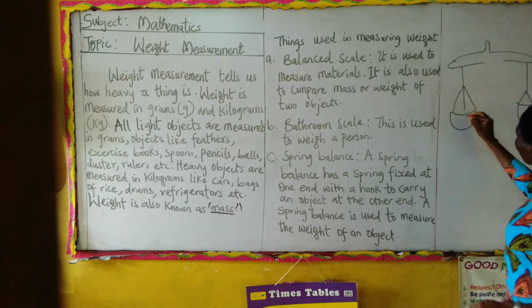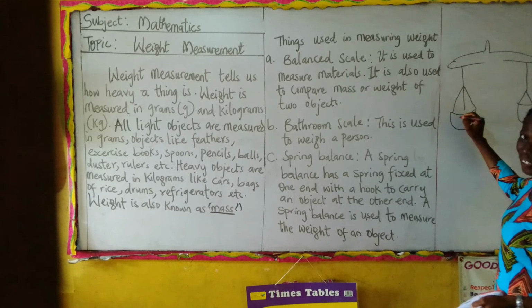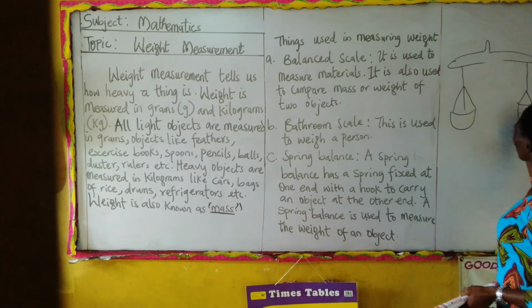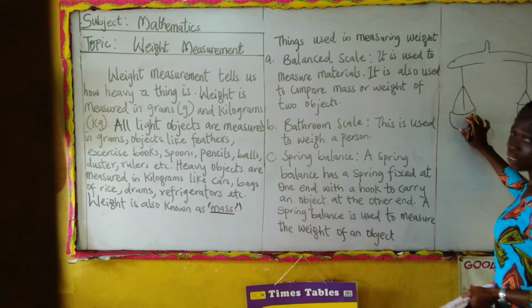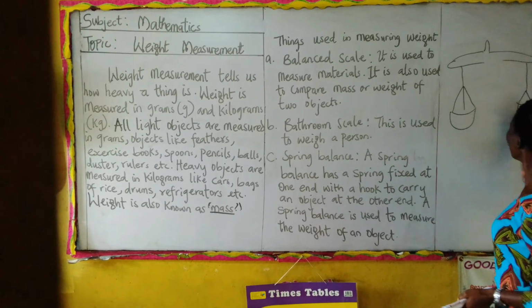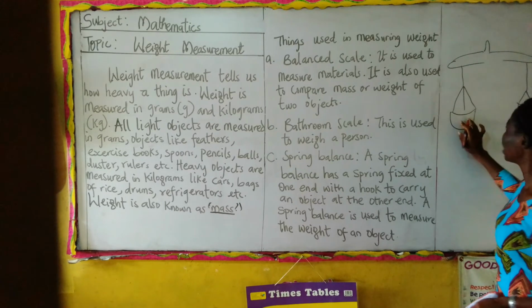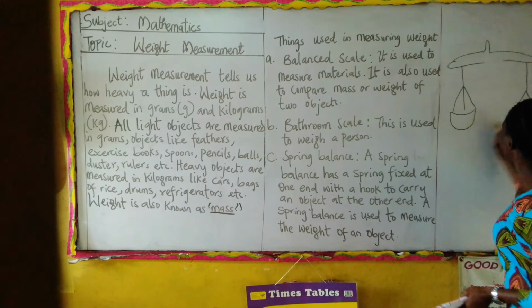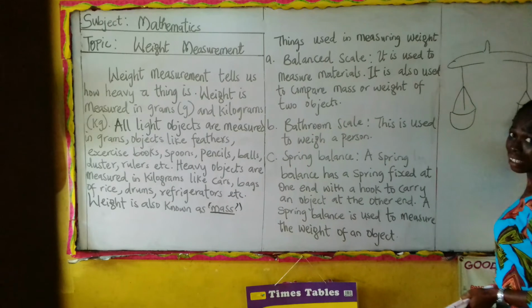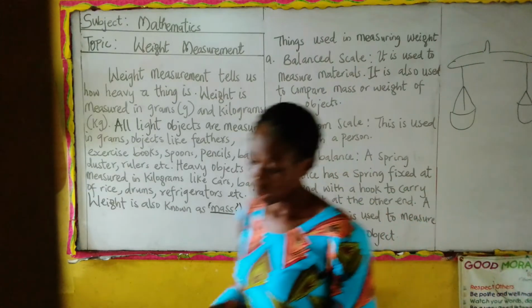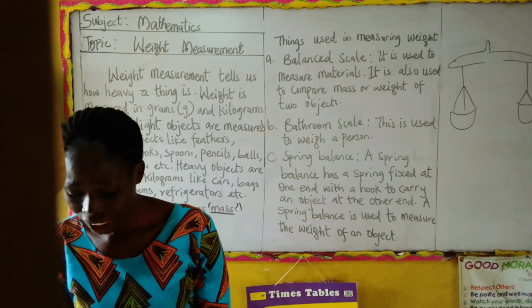If this is having an object that is very heavy, and the object here is lighter, when they are laid on it, just like a plate, you discover that the one that is carrying the heavy object goes down, and the other one that is carrying a lighter object goes up. That's to show you which of it is heavier and which is light.